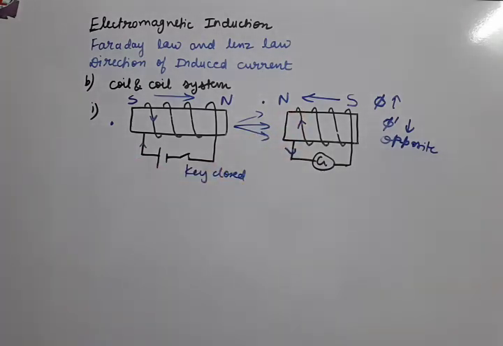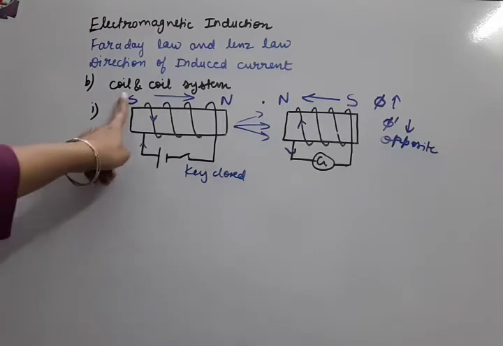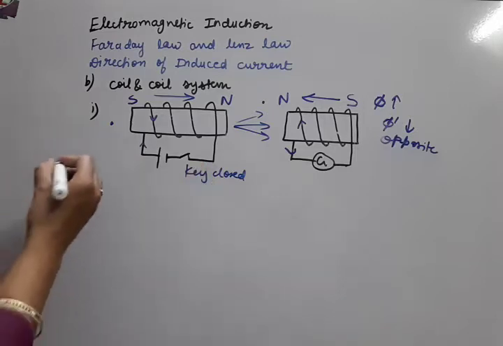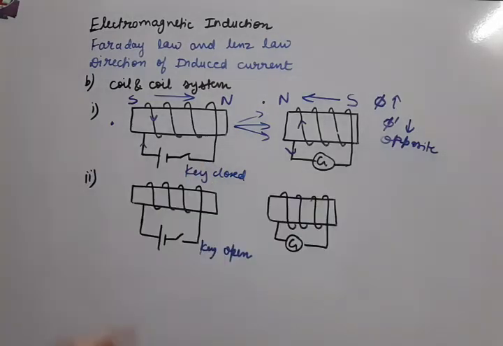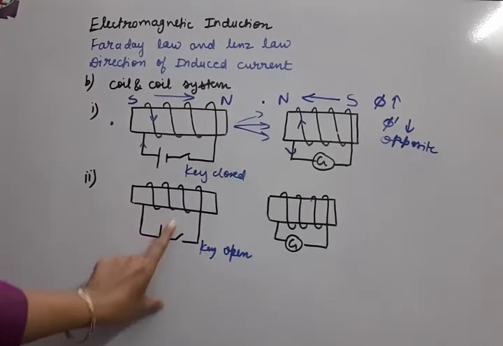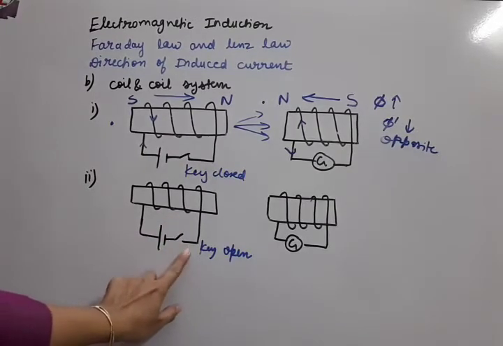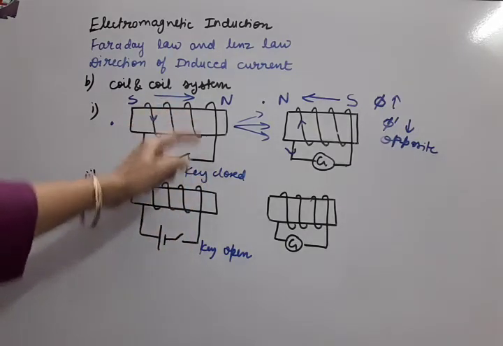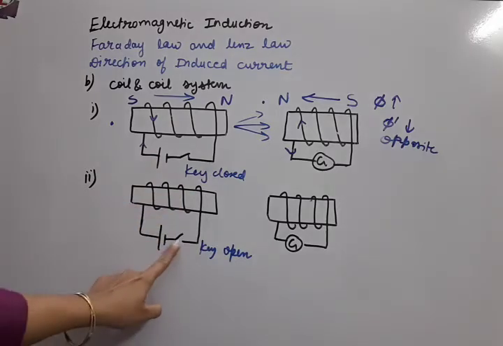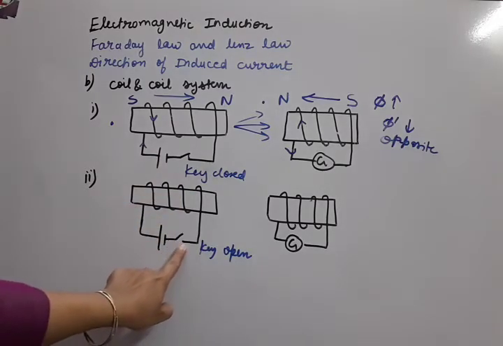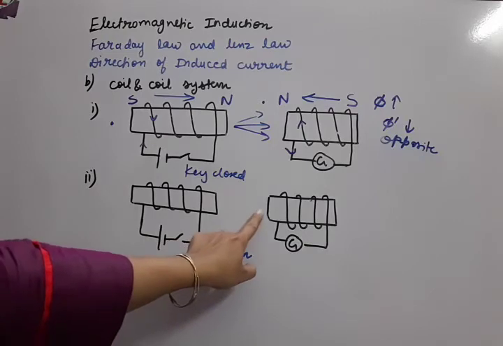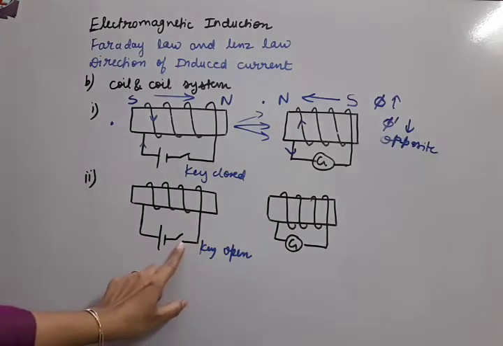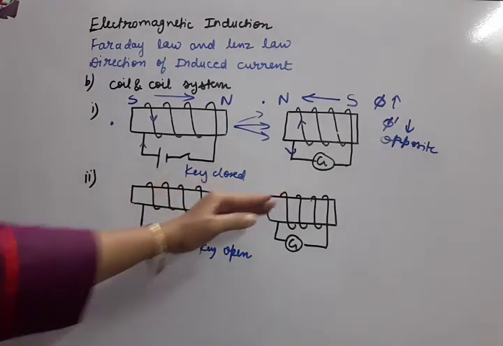Now I am taking the second case of this coil and coil system. Now I am opening the key. Let us understand the second observation. The battery is the same, only now the key is open. Earlier the current was flowing in the primary coil, but as soon as the key is open, fewer field lines will pass here, because the magnetic field lines are coming from here only.